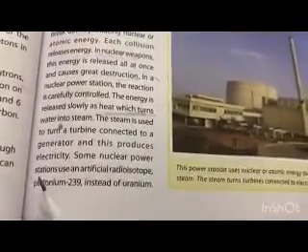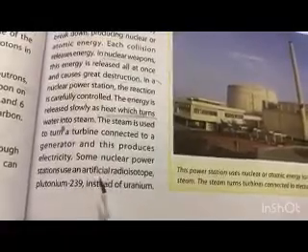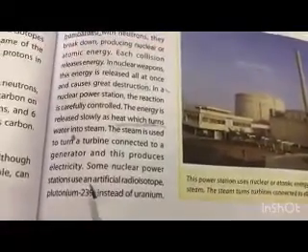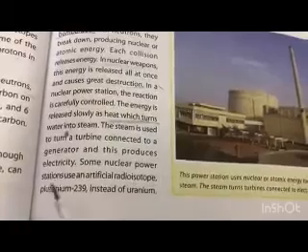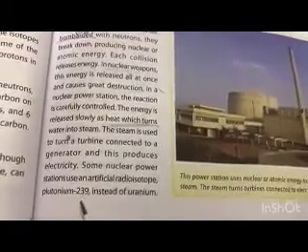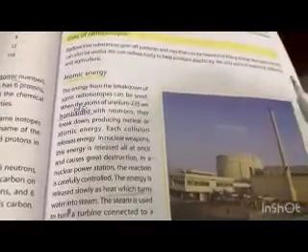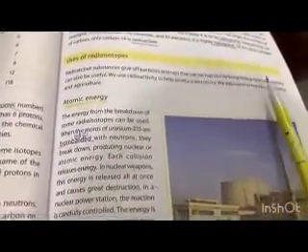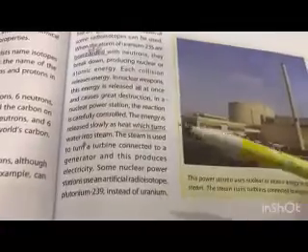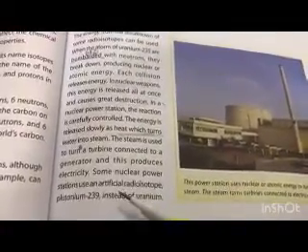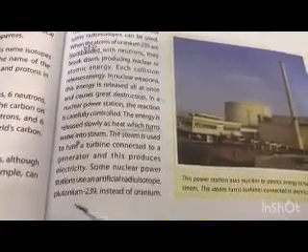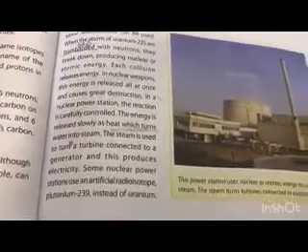Some nuclear power stations use artificial radioisotopes. Now, what are artificial radioisotopes? Like plutonium, which has the number 239 instead of uranium. We have discussed uranium many times, but for further use, we can also use artificial radioisotopes like plutonium instead of uranium.